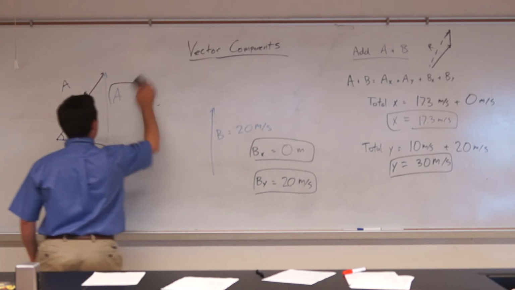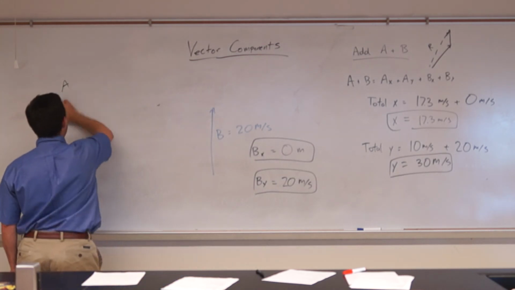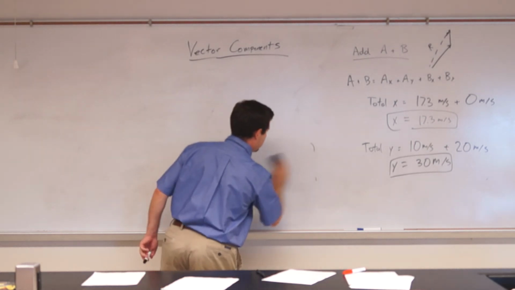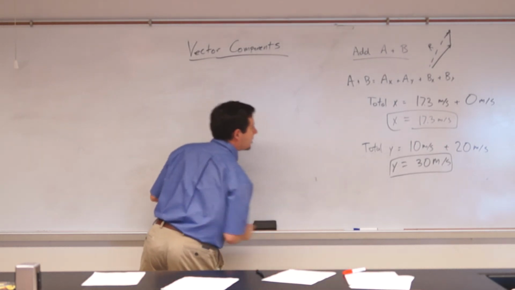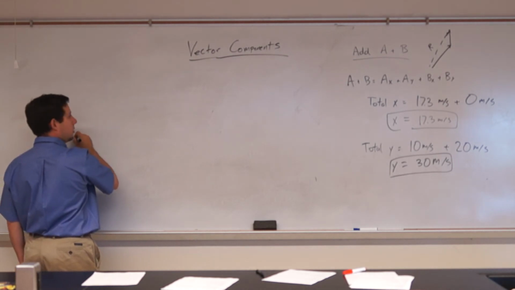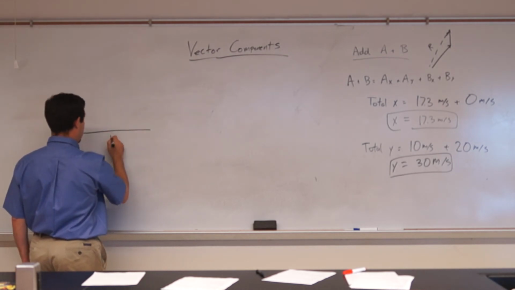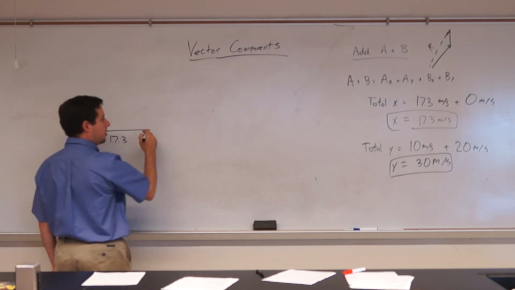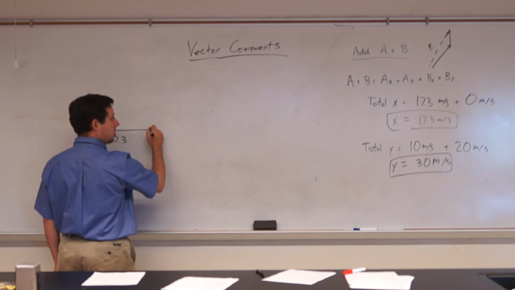So now we have a resultant that looks like this. It has an x component of 17.3 and a y component of 30 meters per second.